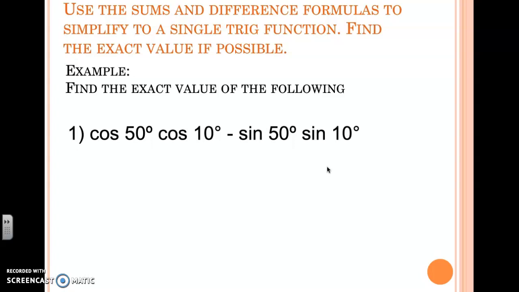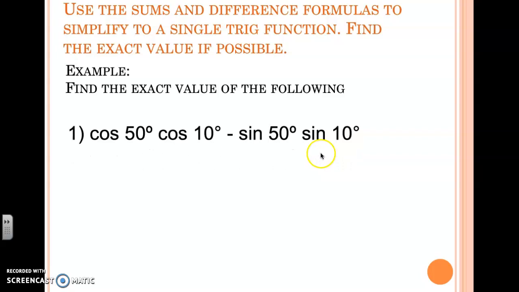The question here is: use the sum or difference formula to simplify to a single trig function, and find the exact value of the following, if possible. We have cosine of 50 times cosine of 10 minus sine of 50 times sine of 10. According to the previous formulas, this is a cosine function.